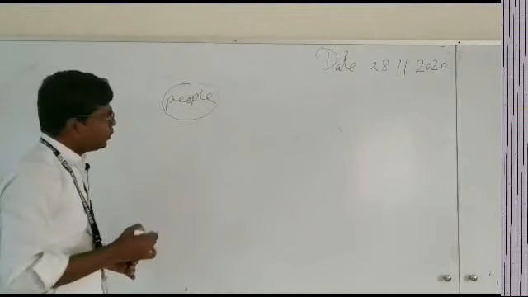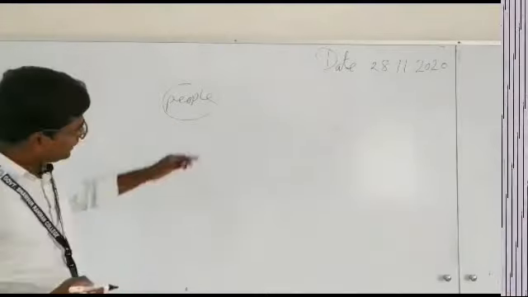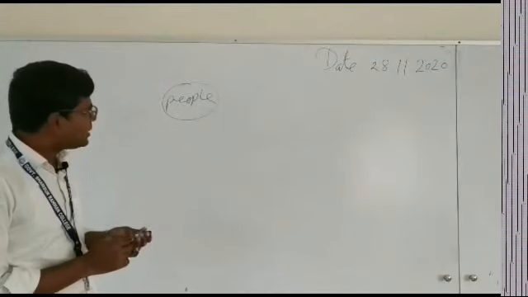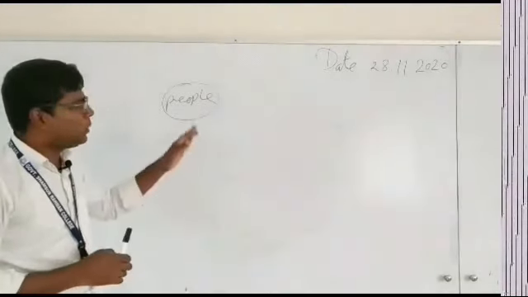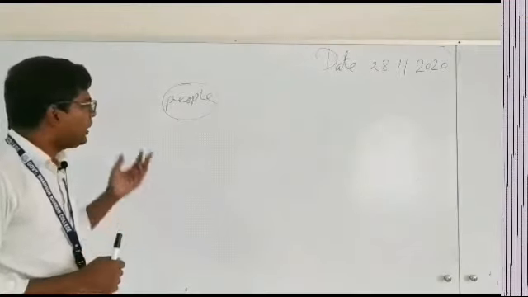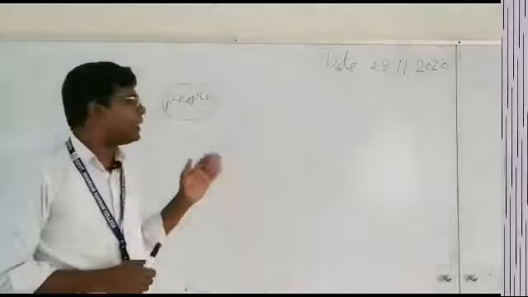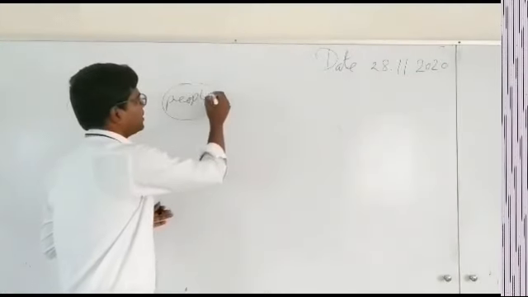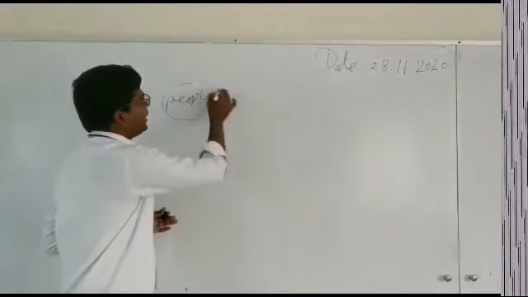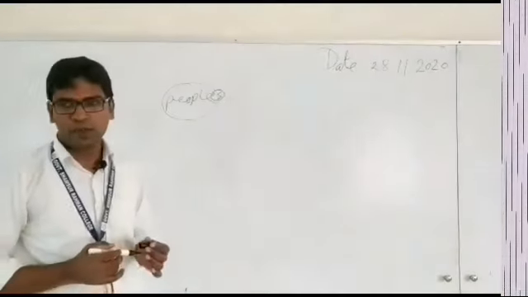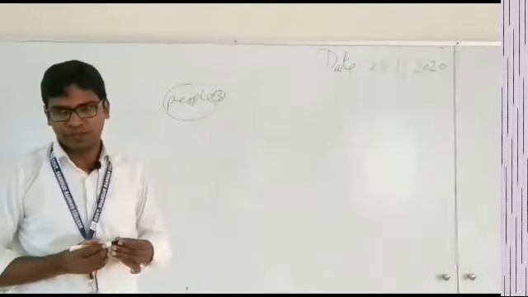People is a plural word, but the last letter of the word is e. There is no s. If we want to make this word into possessive form or possessive case, we have to use apostrophe s.